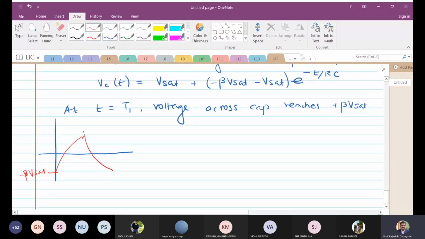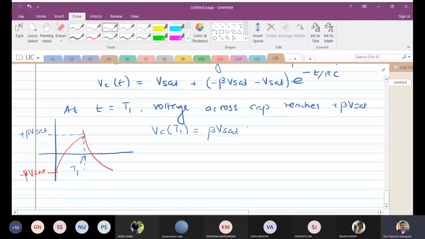But at this particular time, we'll call this T1, the voltage across the capacitor reaches plus beta Vsat. And there the switching takes place. The output voltage goes to minus Vsat.